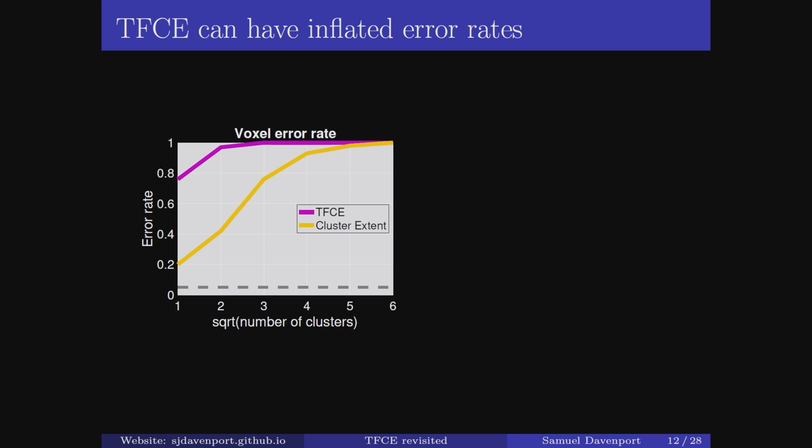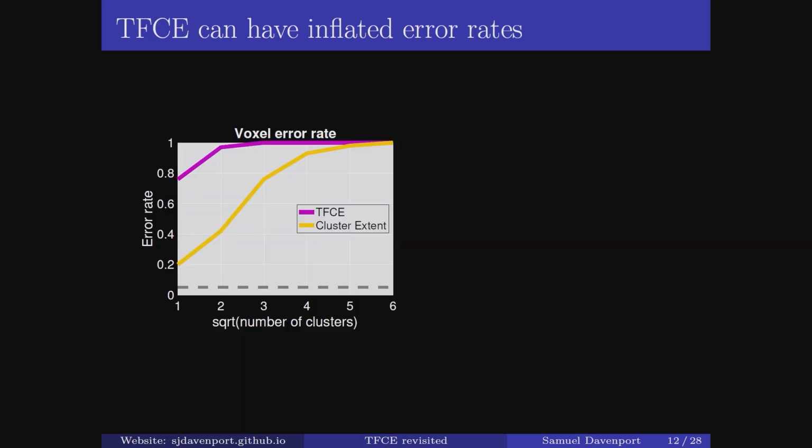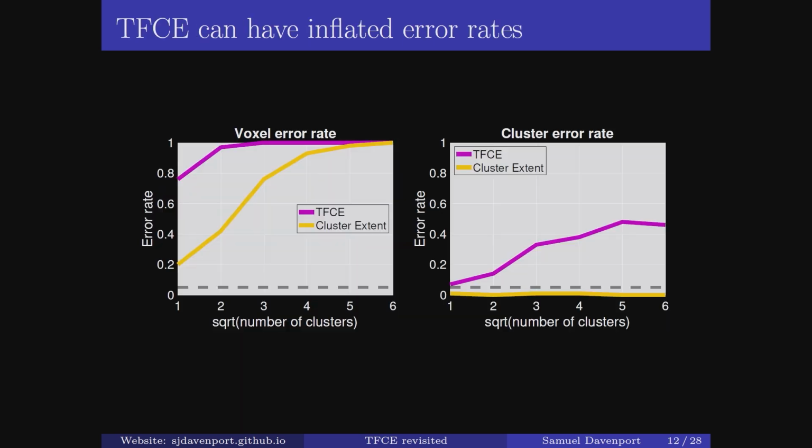That's really the probability of seeing a false cluster like this one here. If we look at the cluster-wise error rate, we can see in certain simulations that the cluster-wise error of TFCE can be inflated up to like 30, 40%. Whereas for cluster size inference, or cluster extent inference as it's also known, the error rate is below the nominal level.